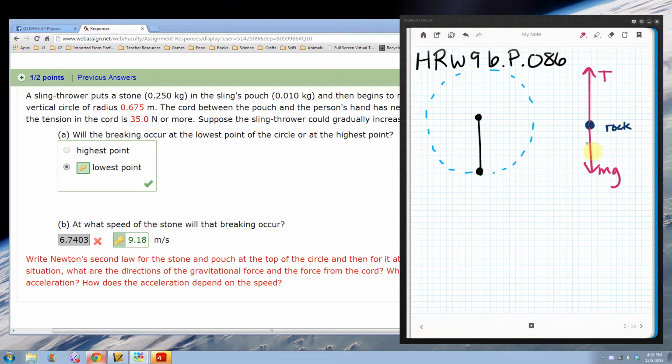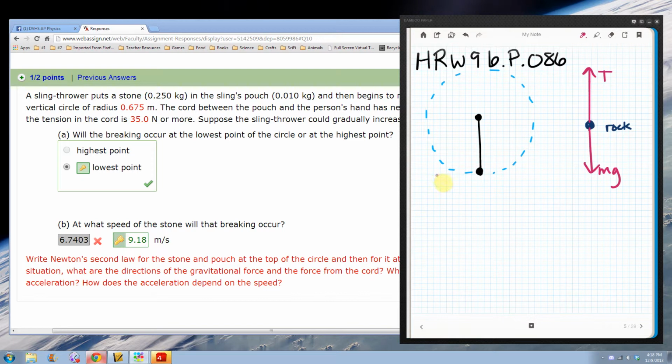But I need the net force to be equal to the centripetal force needed. So when this is at the bottom of its route, that tension has to be big enough both to provide centripetal force, because up is toward the center of the circle, and to hold the rock up against gravity.